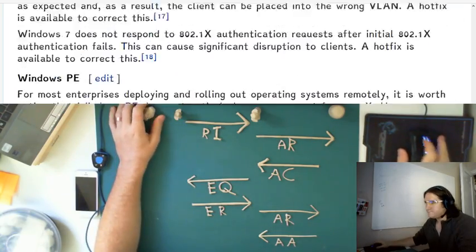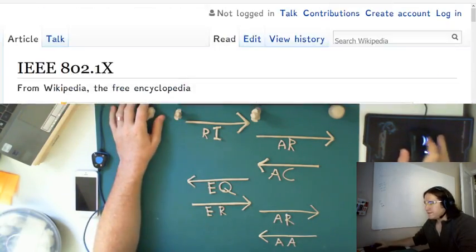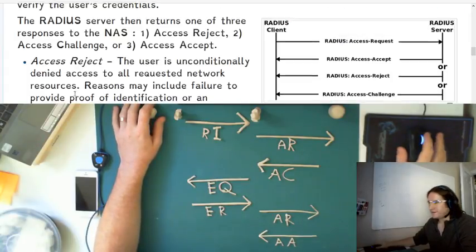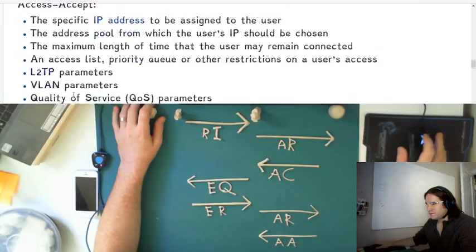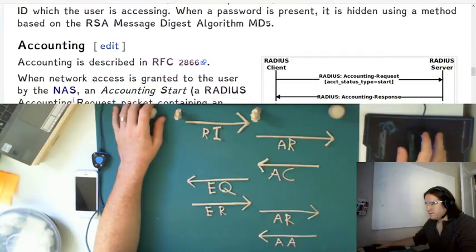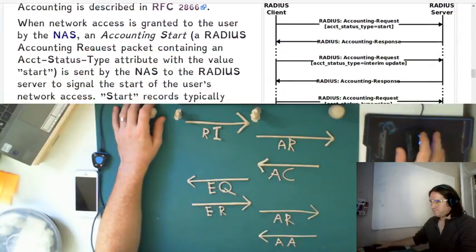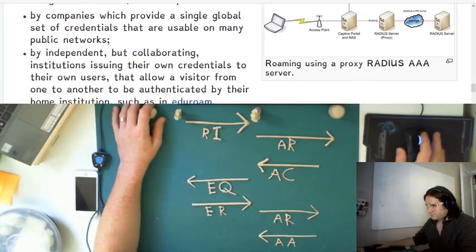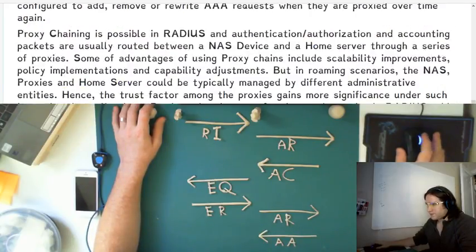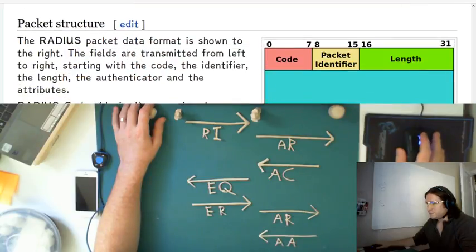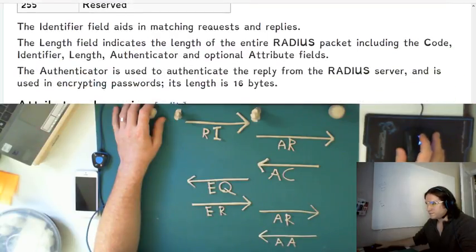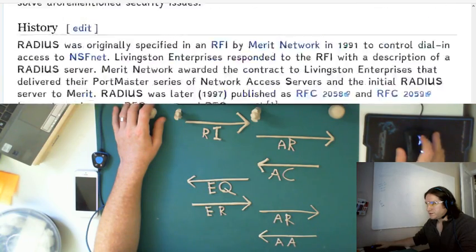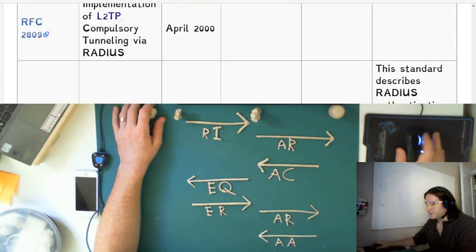Okay, so that's 802.1X. Now we can get to RADIUS. Accounting, roaming, proxy options, security, packet structure, history, and that's it, right?